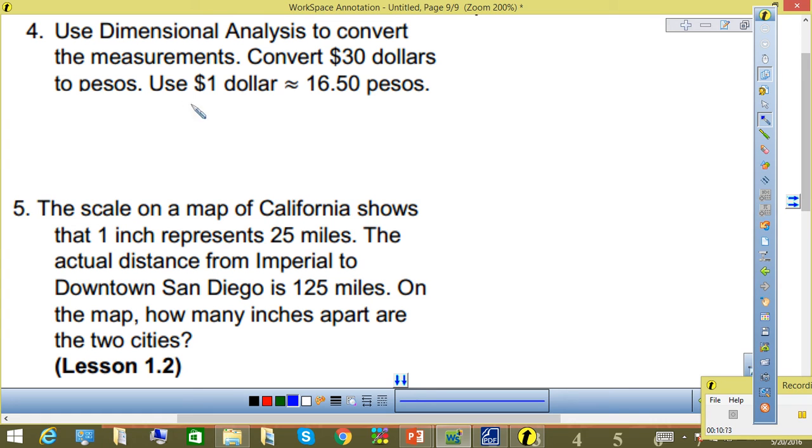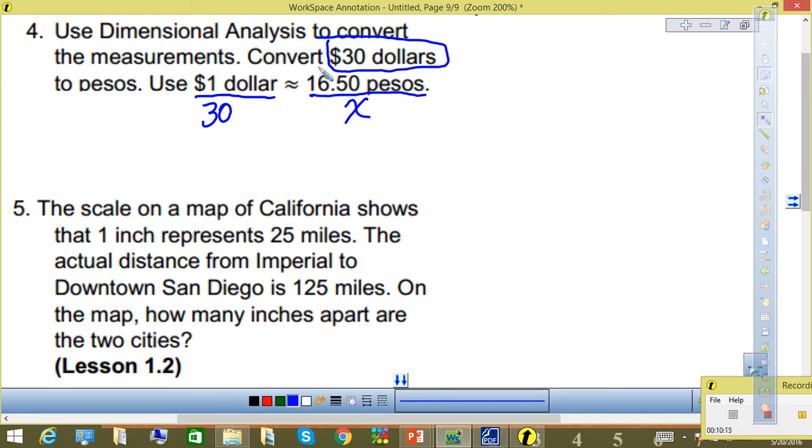On your paper, you can actually, from here, create your proportion. So here's $1, here's pesos. I'm going to make this side just the dollars and this side just the pesos. So what information do they give us? To convert what? $30. So where does that go, on the dollar side or on the peso side? Dollar, so it goes right here, which means on this side we're going to write X.